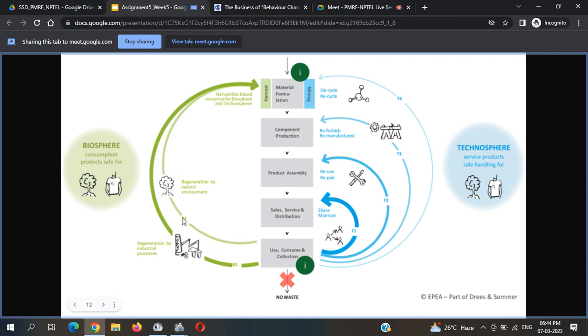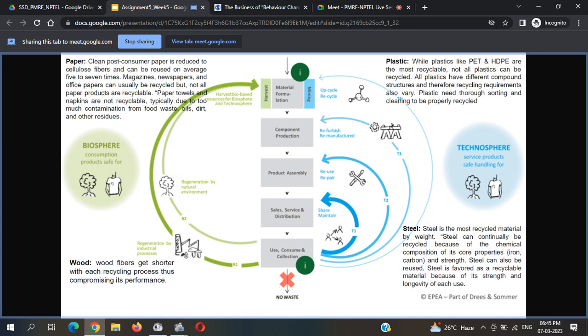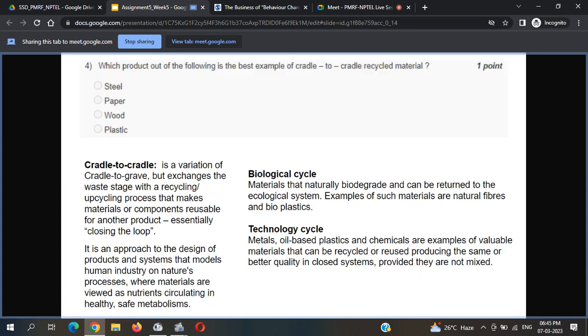So either through industrial processes or through the natural environment, it can be regenerated and converted into a new raw material which can then be used for creating a new product.